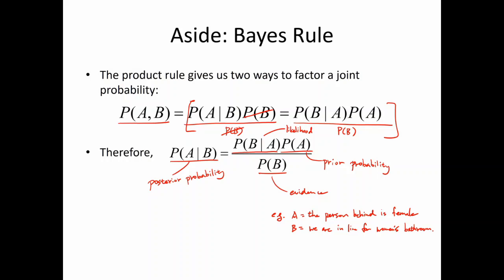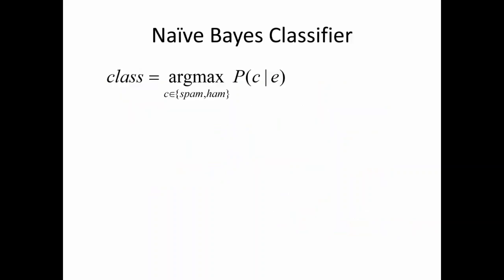Whereas P of A given B would be the probability that the person behind is female given that we're in line for women's bathroom, which is probably higher. And P of B given A is, given that the person behind is female, what's the probability that we're in line for women's bathroom? And P of B is, regardless of the gender of the person behind, what's the probability of us being in line for women's bathroom?